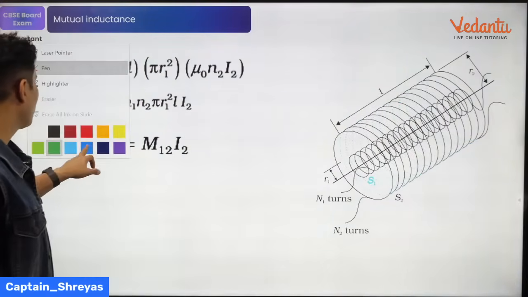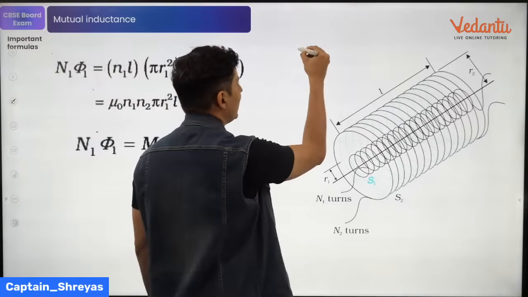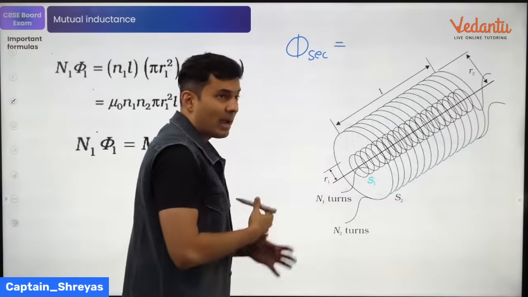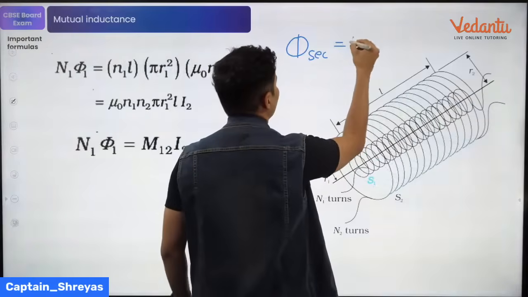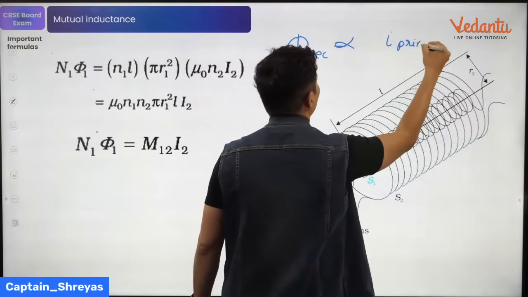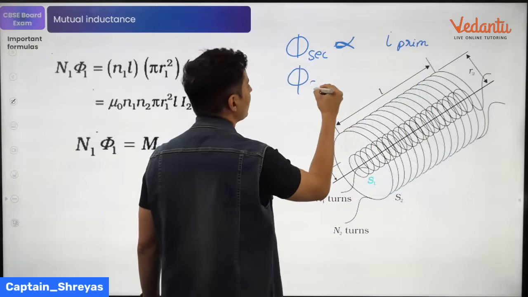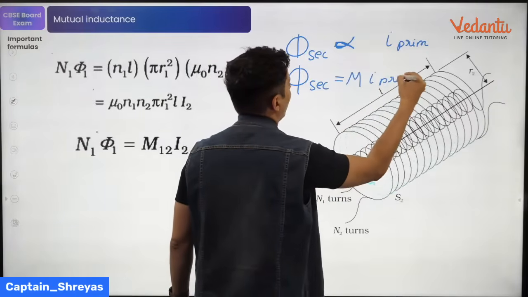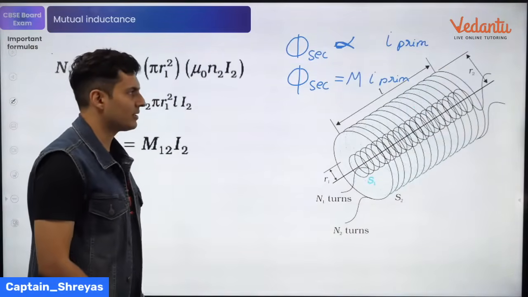Now the formula for mutual inductance is as follows. If there is flux in a secondary coil, the flux of magnetic field flowing in the secondary coil, and I see that it is proportional to the current in the primary coil or the first coil, then that constant of proportionality is called the mutual inductance, or just the coefficient of mutual inductance.